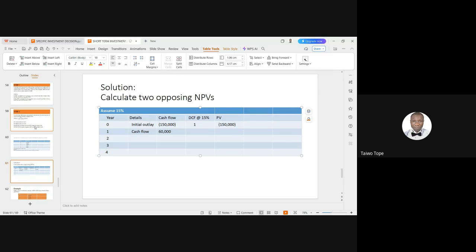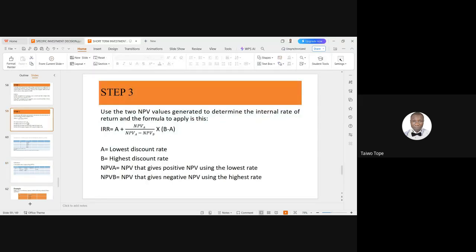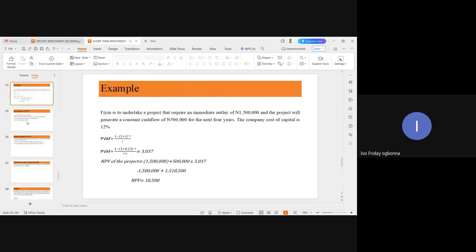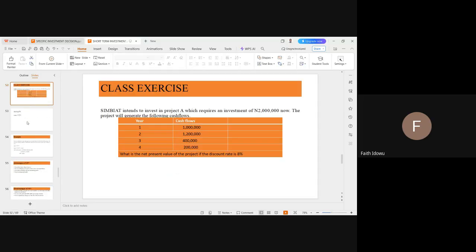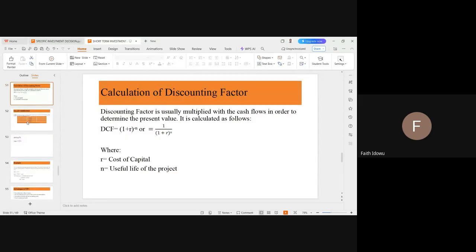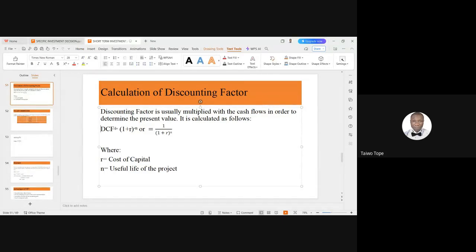So for year 1, what would that be? 0.870. For those that are just joining, since we don't have a constant cash flow, we use this approach.